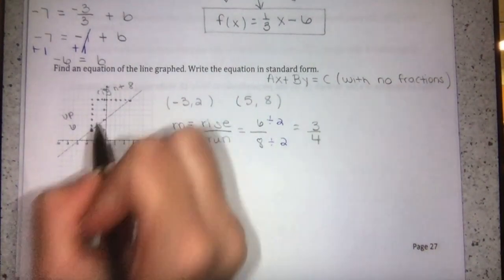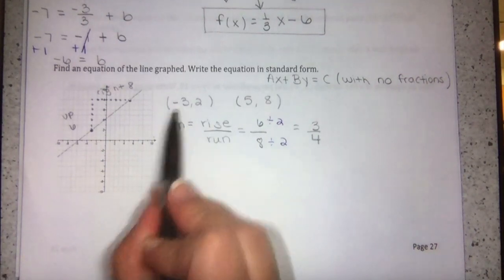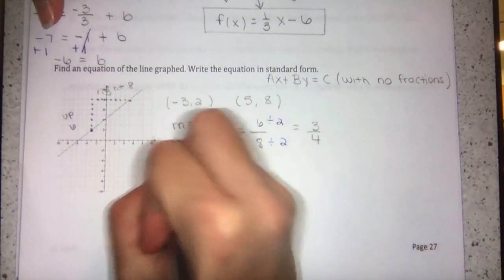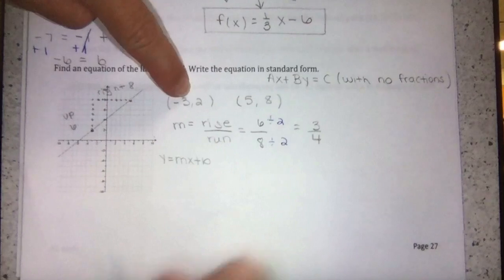We still don't know our y-intercept. I can look to see it's like 4 point something, but I can't put 4 point something and have it be right. So I'm going to use one of these points and I'm going to use the slope to find the y-intercept. So y equals mx plus b. Let's use the first point.